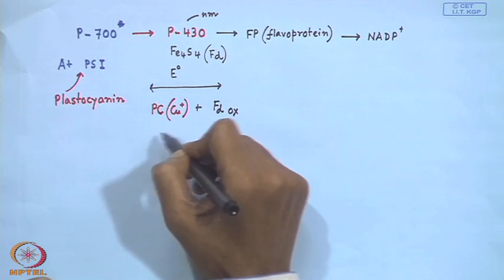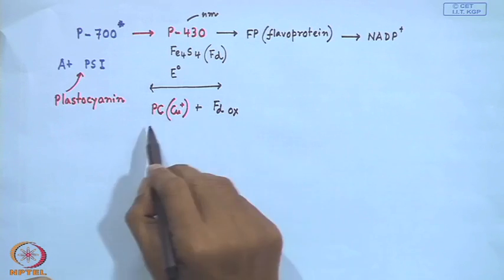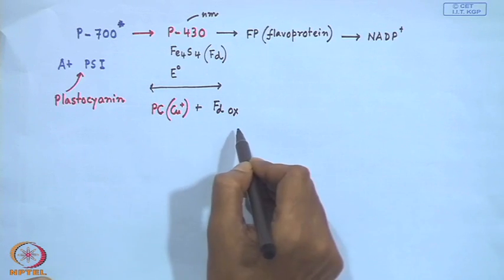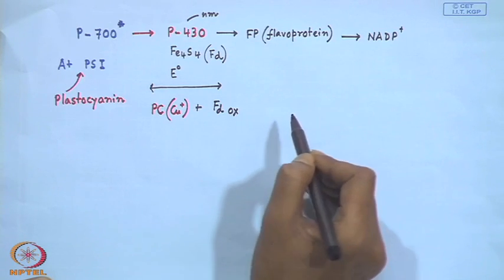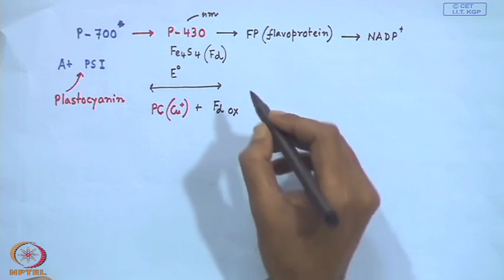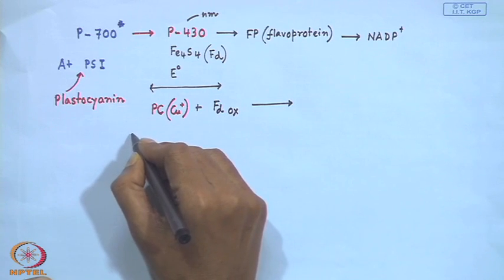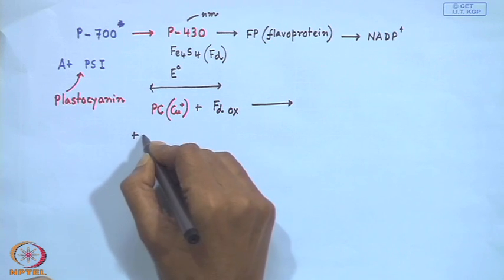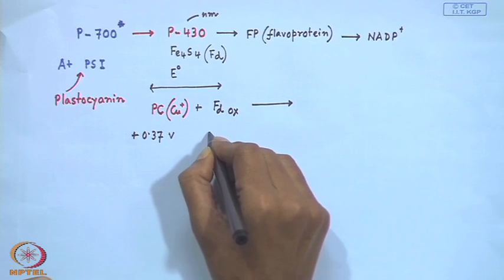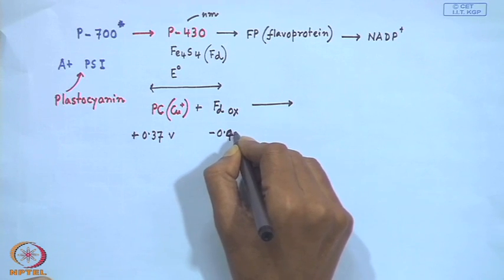This redox couple we studied earlier also in case of the cytochrome chain and cytochrome C oxidases: whenever you have a pair of redox partners, you can find out the corresponding change in E0 values, the delta E, and the corresponding Gibbs free energy change will tell you whether your reaction is facile or not. In this particular case, the plastocyanin potential is in the range of 0.37 volt and ferredoxin is 0.45 volt.